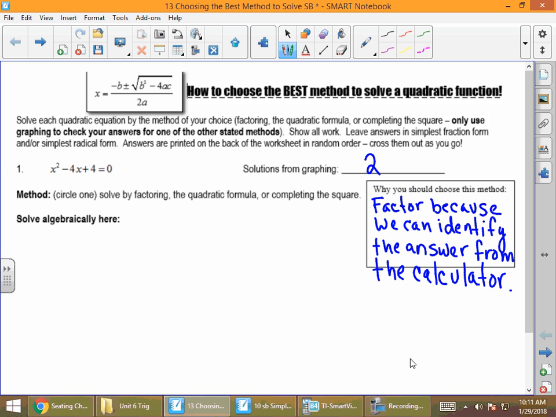We're able to identify what the answer is right then and there. But once again, I look at it, can we factor?